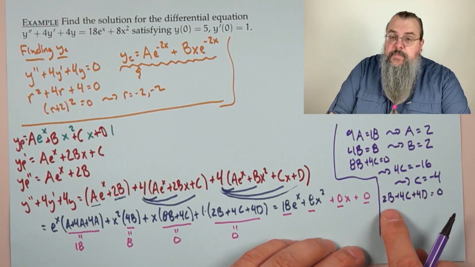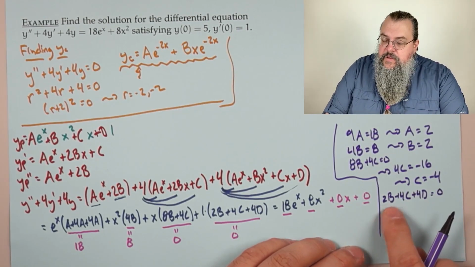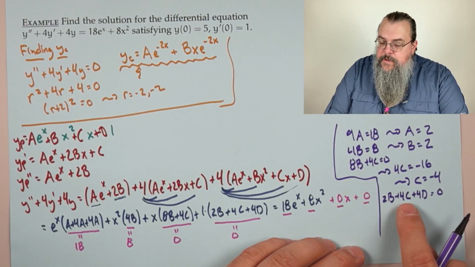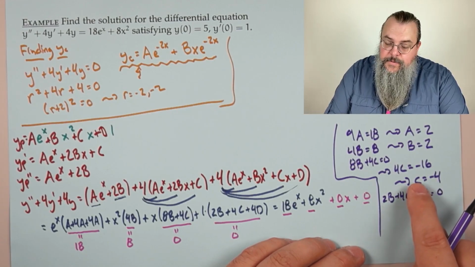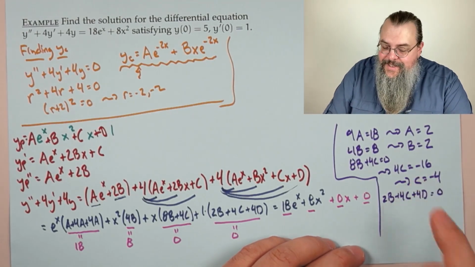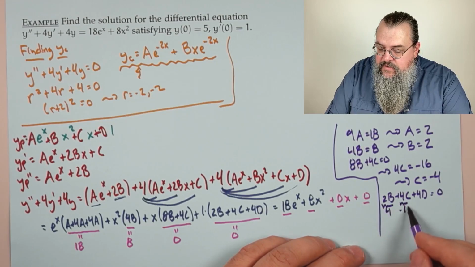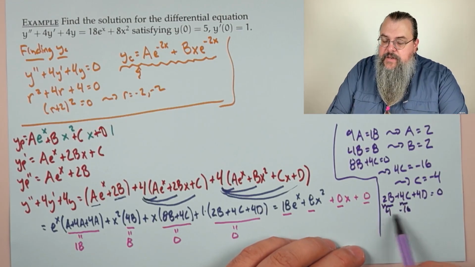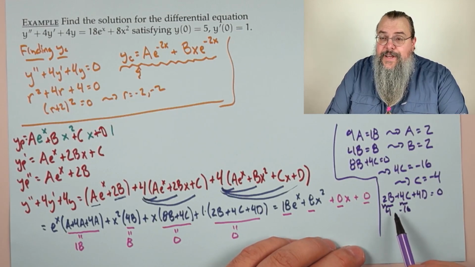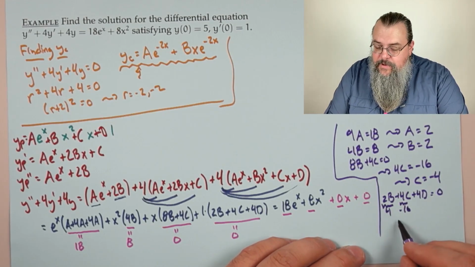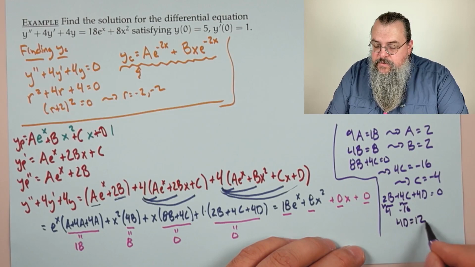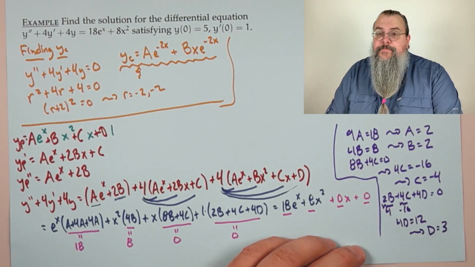But wait, we know b is 2. So this part is 4. We know 4c, well, actually we know it is negative 16. Okay, so we have 4 minus 16. Well, that makes minus 12. And so if we add it across, we get that 4 times d is equal to 12. And that tells us that d is equal to 3.